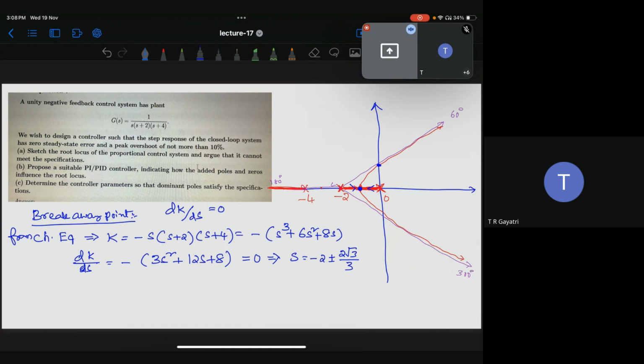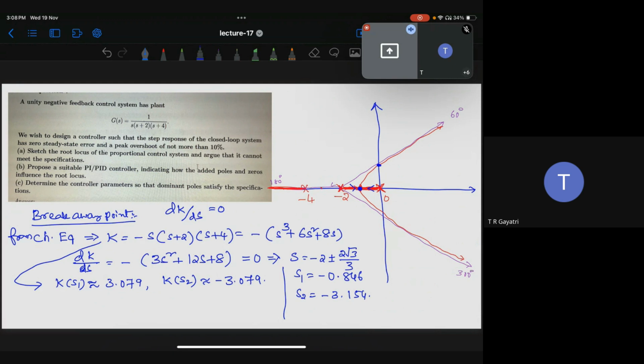From there, if you calculate, you will get s1 as minus 0.846, s2 as minus 3.154. You can verify that. Then substitute k of s1, you will get something like 3.079. If you substitute k of s2, it will be minus 3.079.